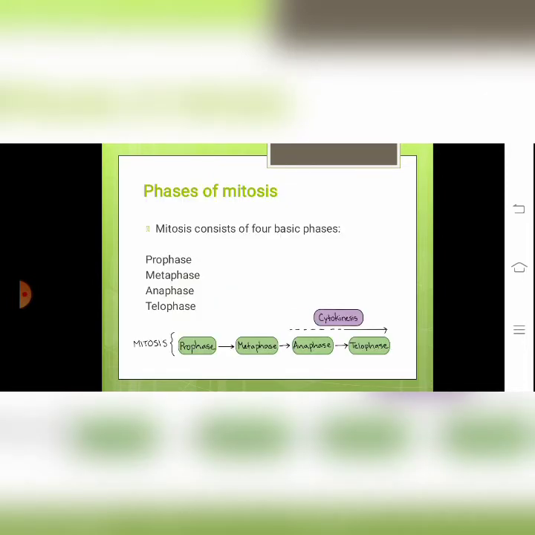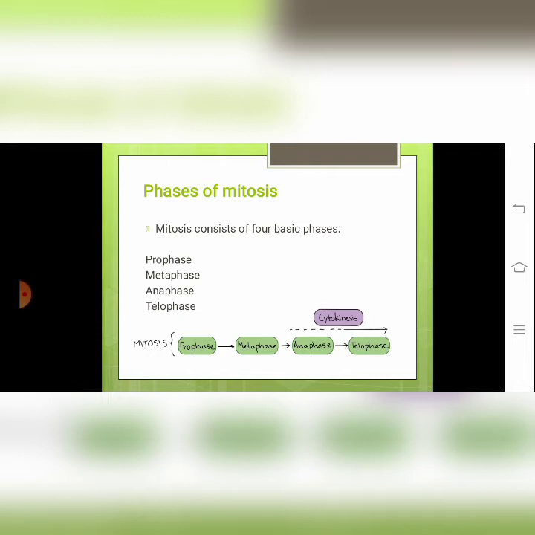Now let us start with the actual stages. As I mentioned, mitosis has two stages. One is karyokinesis, that is nothing but division of the nucleus, and the second one is cytokinesis, nothing but division of the cytoplasm. Karyokinesis has four basic phases: prophase, metaphase, anaphase, and telophase.